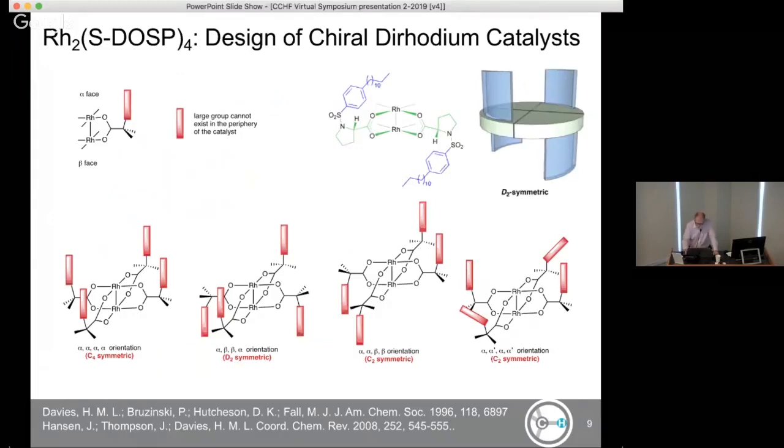This leads to a very nice prediction of the attack occurring at the front face of this catalyst when using the rhodium S-DOSP enantiomer. And even though this model itself is now being questioned by us because we're seeing that this catalyst may be more flexible than we originally thought, it actually is a driver of how we design our new catalysts.